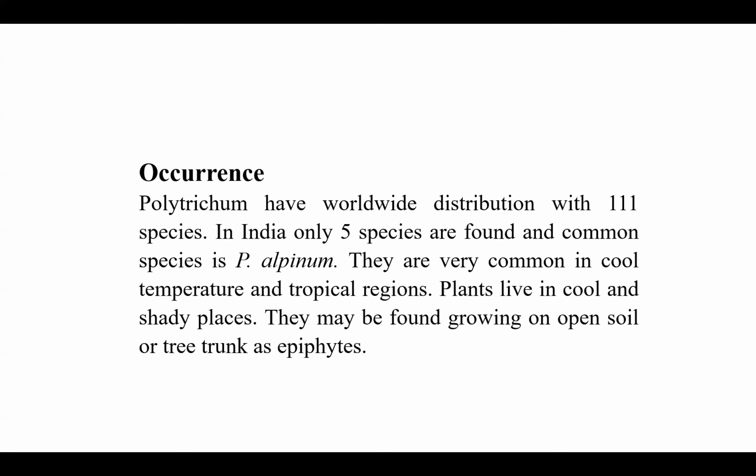In India, 5 species, for example Polytrichum alpinum, are available, and they grow in cool, temperate and tropical regions. It prefers to grow in shady places, and it can also grow on the trunks of trees, so some of the species are epiphytes also.